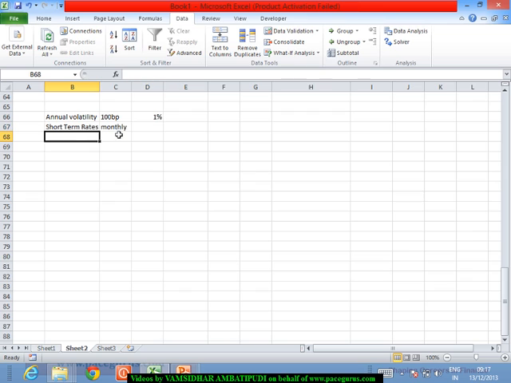Now this is an annual value, so if I am looking at the monthly value, I have to adjust it by multiplying with the square root of dt. For monthly, dt is nothing but 1 by 12.